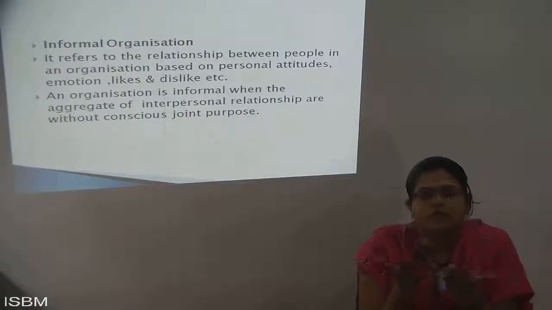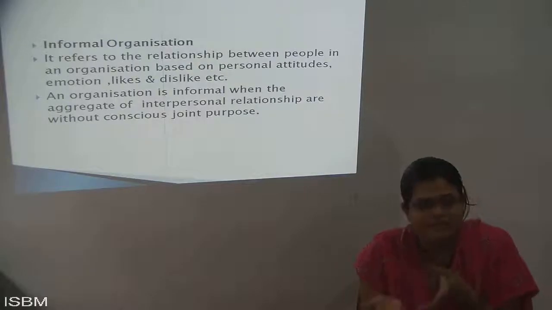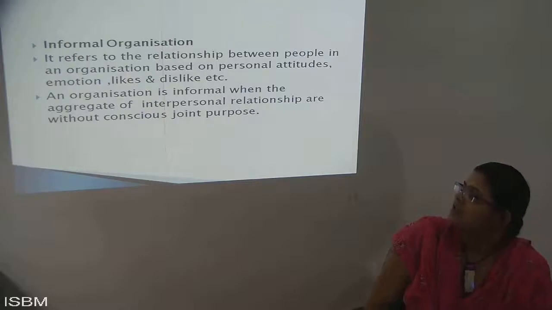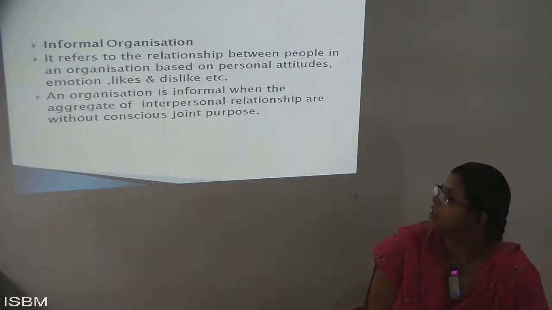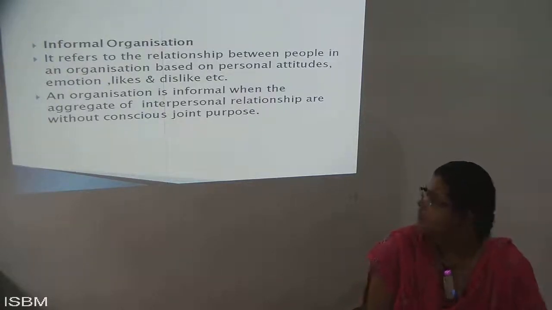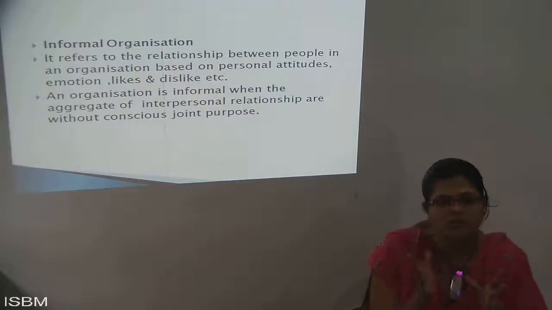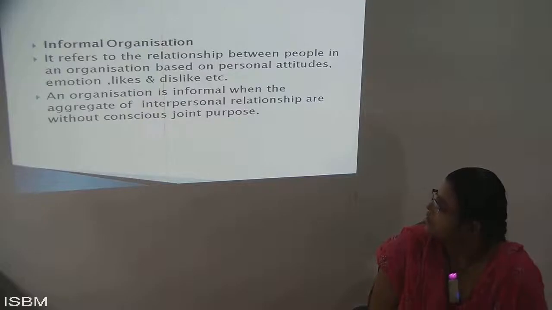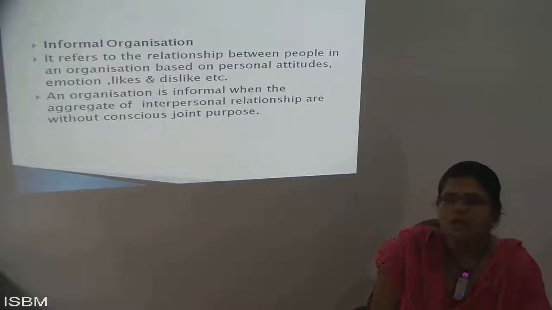Next, you think about what things he likes or dislikes, and that is done. That is why one more definition is given, and with the second type of definition you are clearing out the whole concept of an informal organization. An organization is informal when the aggregate of interpersonal relationships is without conscious joint purpose.